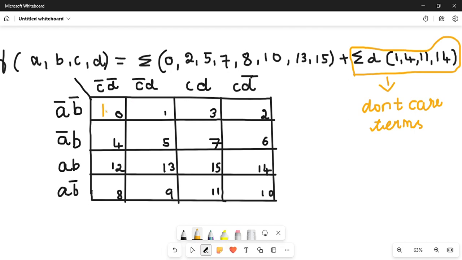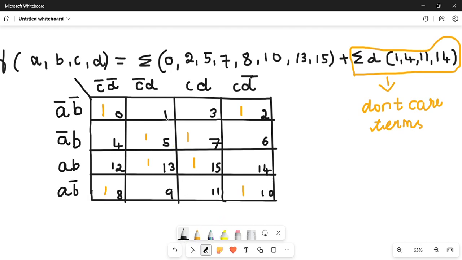So cell number 0 is 1, cell number 2 is 1, cell number 5 is 1, cell number 7 is 1, cell number 8 is 1, cell number 10 is 1, cell number 13 is 1, and cell number 15 is 1, right?